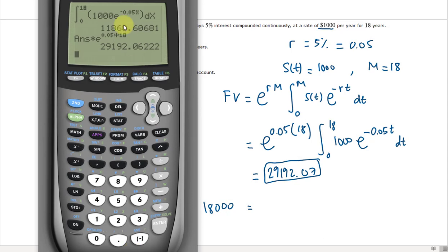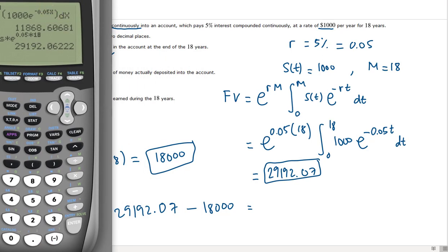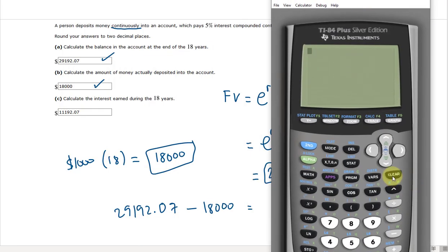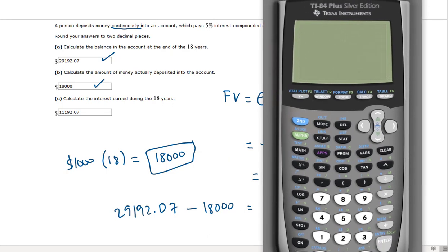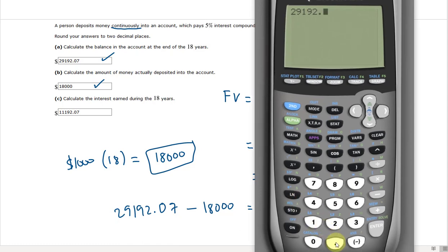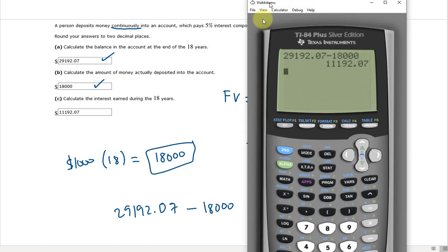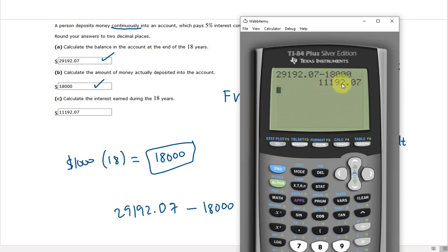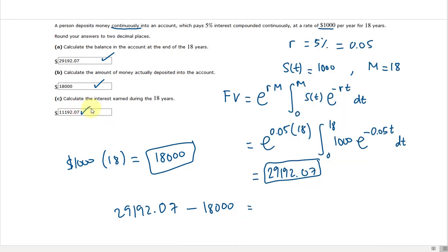That gives me 11,192.07, which is this value. Alright, so we are good for this problem.